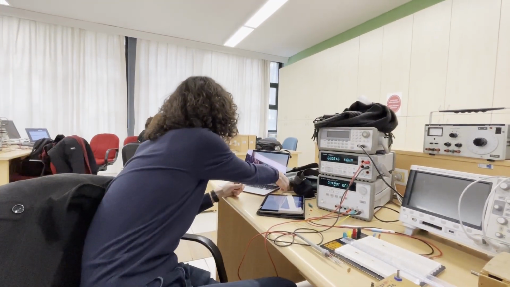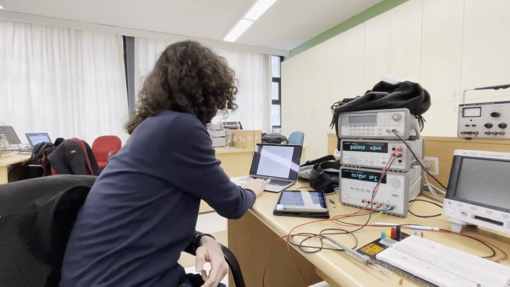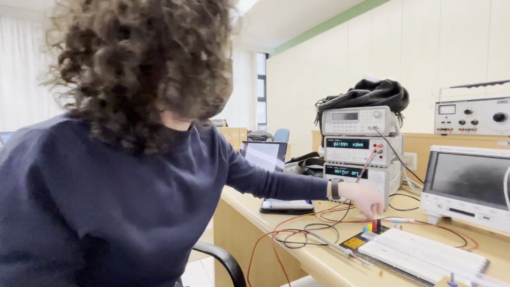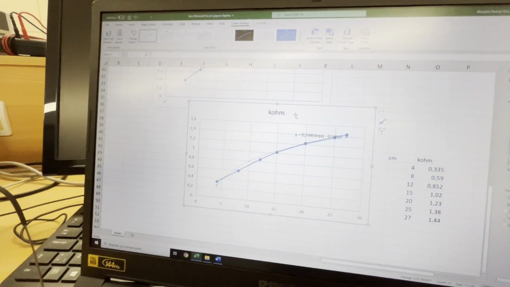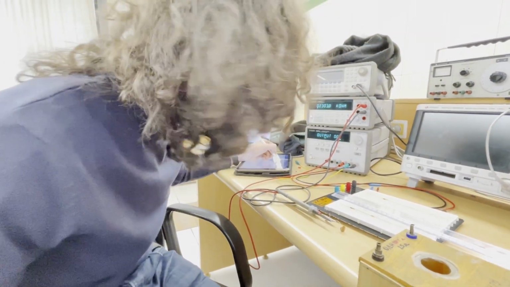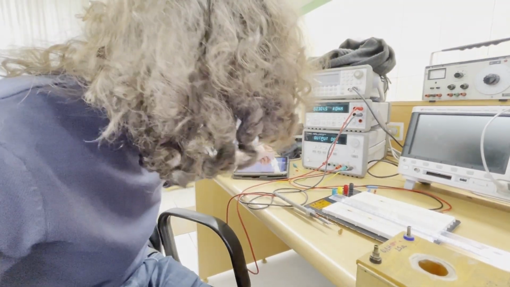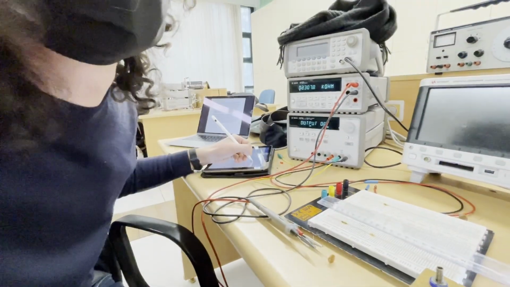Let me check my steps. Firstly, I need to record the formula to apply it, and our formula is like that. Resistance of LDR is 0.59 times ln distance minus 0.5753.